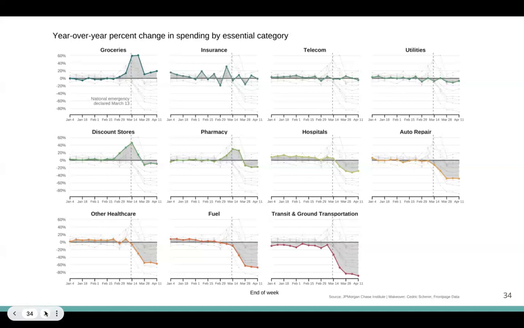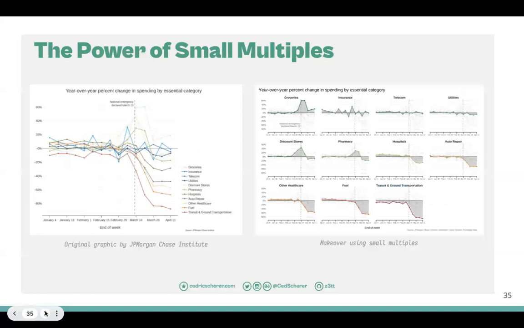But of course, as we compare it to the first graph, you probably could not have told all of these individual trends. And therefore, the power of small multiples, as they say. So there's the original graphic on the left-hand side by JP Morgan Chase, and on the right-hand side, you can see that makeover, where yes, maybe you're making more graphs, but maybe that's fine.